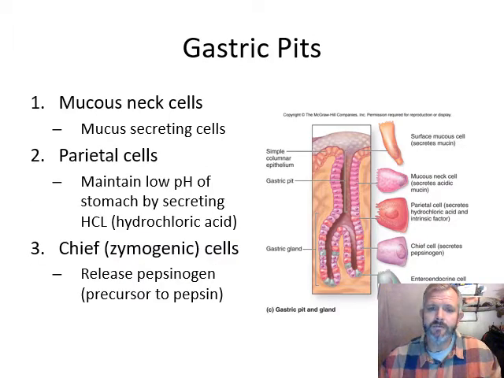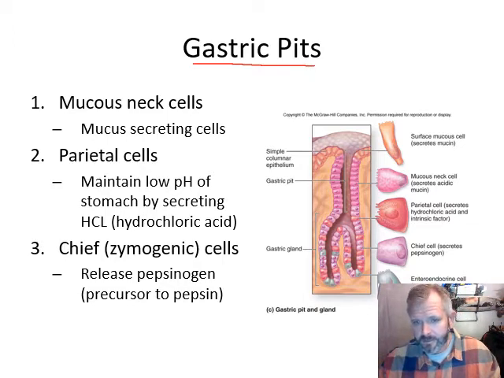But let's look at these gastric pits and what is coming from them. Okay, we have the mucosa. So here are the pits coming down here. They are lined with cells that aid in various secretions. We've got the mucous neck cells. What do you think they do? They secrete mucus.